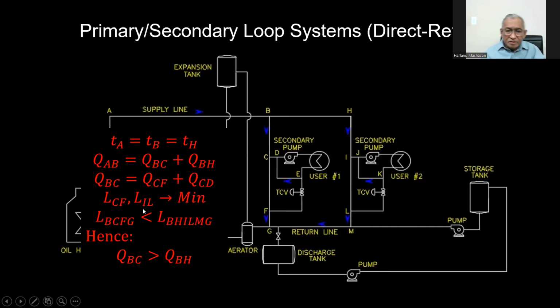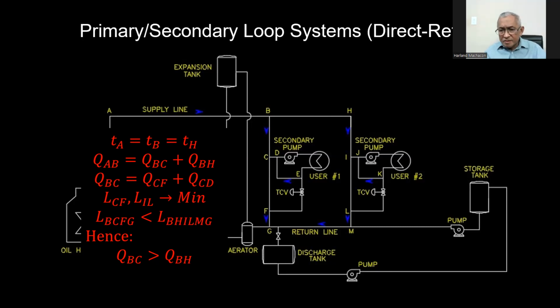And we also notice that the length from B, C, F, G is a lot less than the length of the pipe from B, H, I, L, M, G. So what is the significance of that situation?